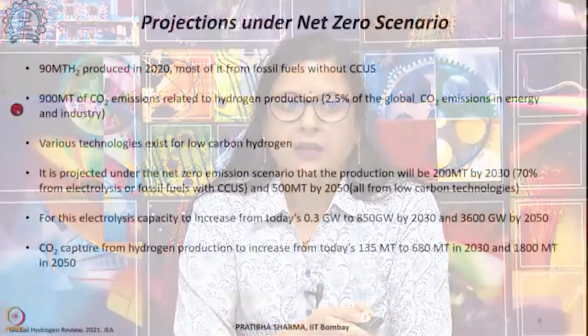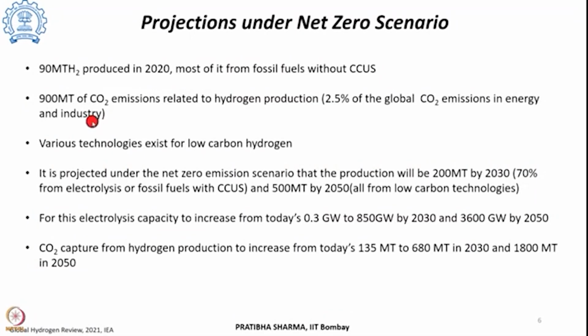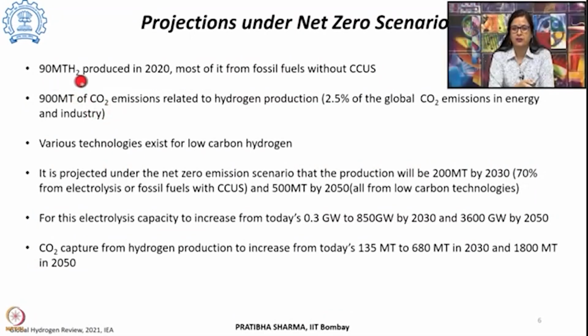Now, out of this 90 million tons, we have seen most of it is being produced from fossil fuels without CCUS, and because of that there are 900 million tons of carbon dioxide emissions related to hydrogen production, which corresponds to 2.5% of the global carbon dioxide emissions in energy and industry.